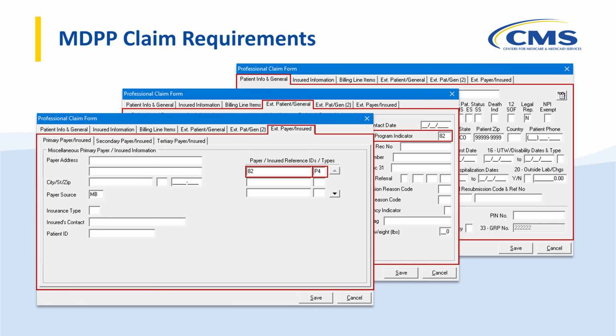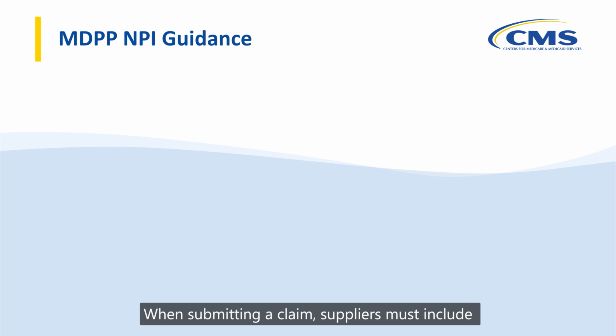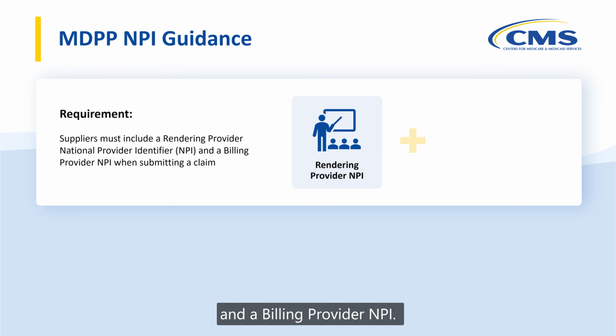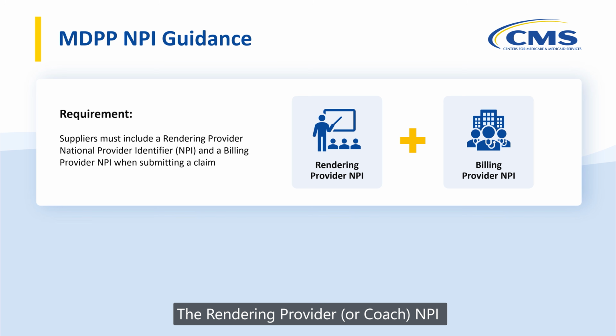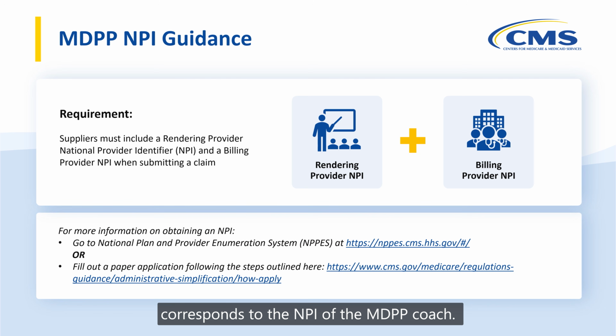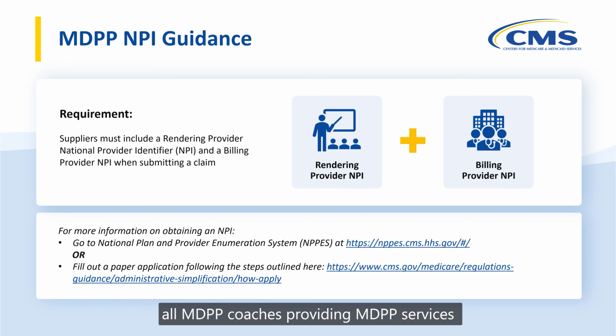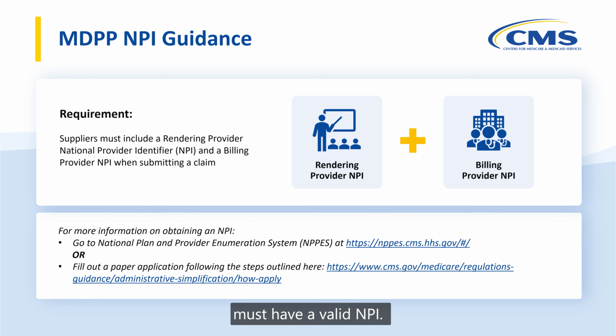When submitting a claim, suppliers must include a Rendering Provider National Provider Identifier, or Rendering NPI, and a Billing Provider NPI. The Rendering Provider or Coach NPI corresponds to the NPI of the MDPP coach. As a reminder, all MDPP coaches providing MDPP services must have a valid NPI.